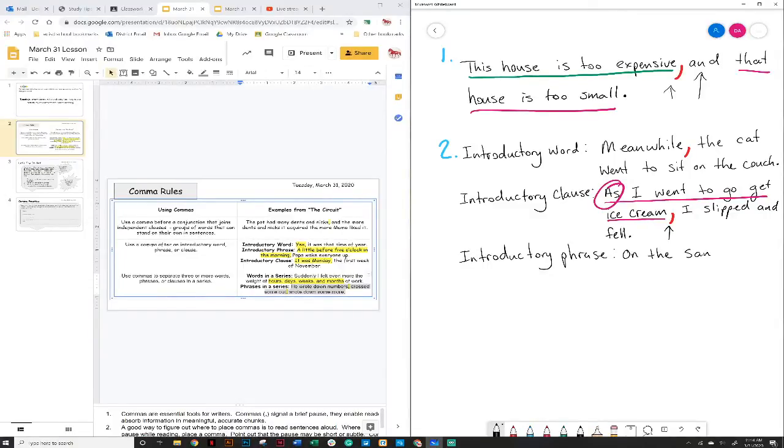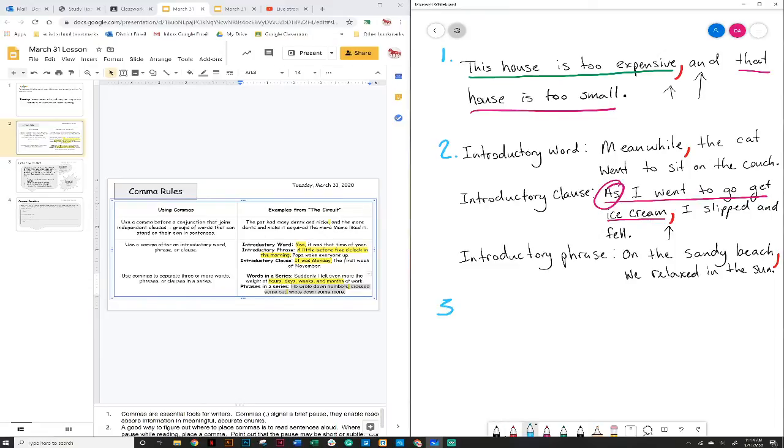On the sandy beach, comma, we relaxed on, I meant to say in the sun, period. This phrase is introducing what we did in the sun, or where we relaxed in the sun. We relaxed on the sandy beach.